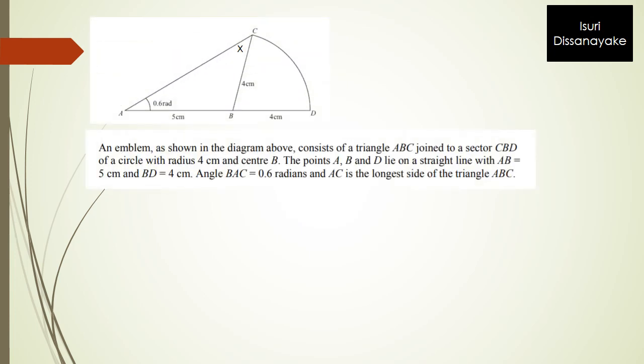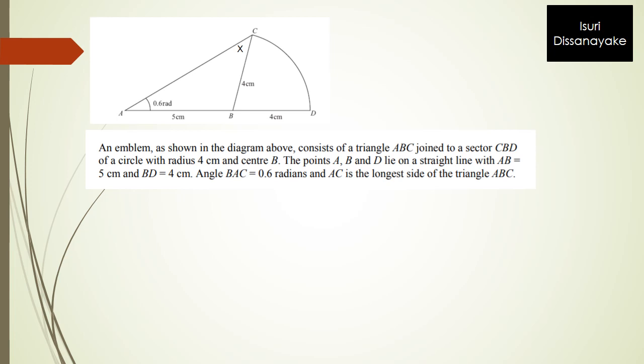An emblem as shown in the diagram above consists of a triangle ABC joined to a sector CBD of a circle with radius 4 centimeters and center B. The points A, B and D lie on a straight line with AB equals 5 centimeters and BD equals 4 centimeters.